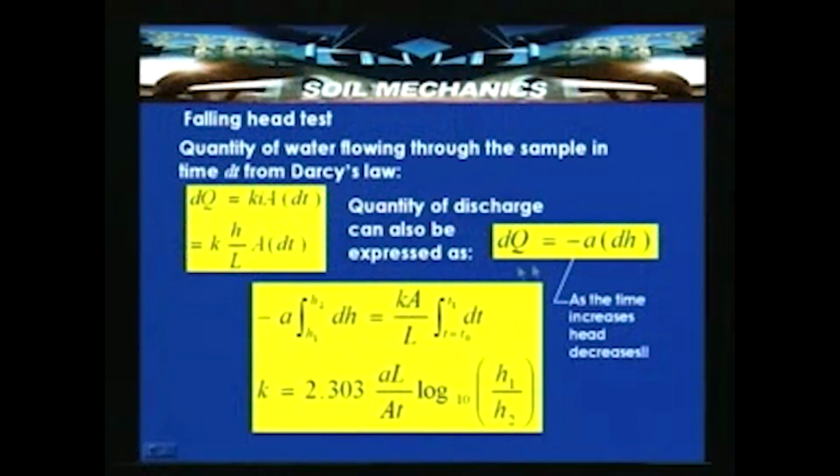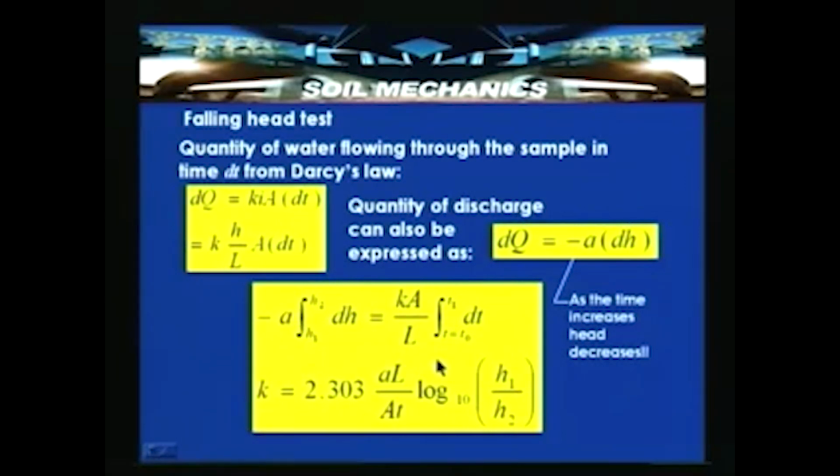Now, equating dq = -a dH and dq = k (H/L) A dt, and integrating between the heads H1 and H2, where H1 is the head at t = t0 and H2 is the head at t = t1.